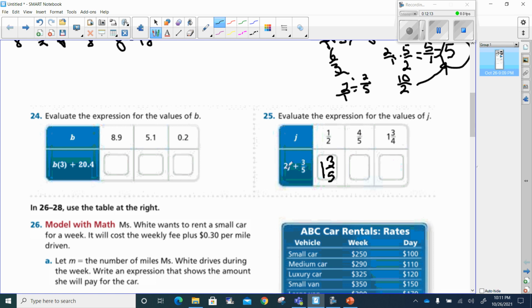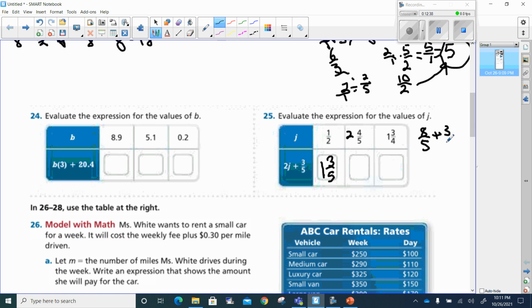All right, next I've got 4/5. So what if 2 over j was 2 times 4/5? Well, think about it. That would be 2 times 4, which would be 8. That'd be 8 over 5, right? So I would have 8 over 5, according to this, plus 3 over 5.